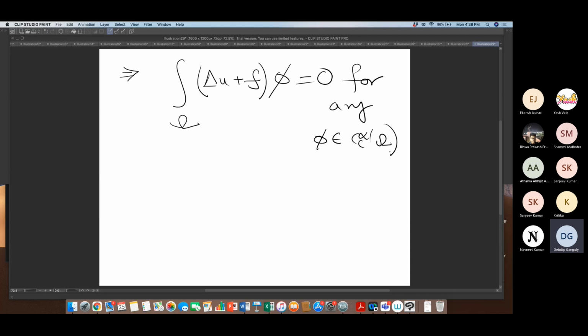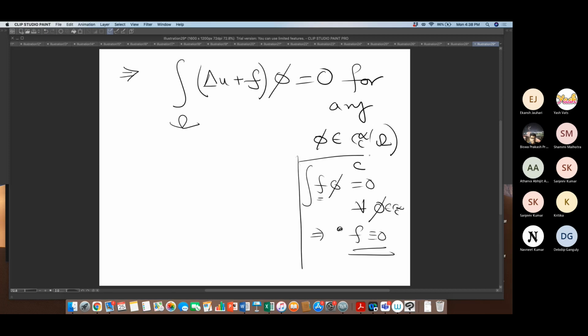So what will be the answer? Because φ is arbitrary, for any φ in C_c infinity, Laplacian u plus f equal to 0. I have done this: if f is a continuous function and the integral of fφ is 0 for all φ in C_c infinity, then f equal to 0. This is a major theorem. Yes or no?